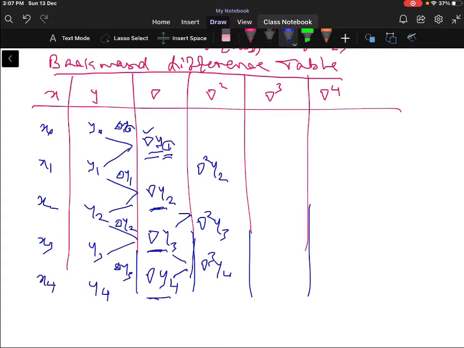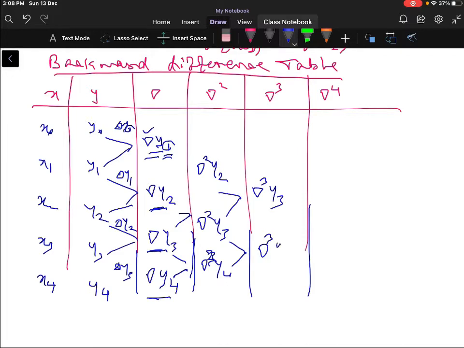So these are the second backward differences. Now similarly, we can define the third backward differences: nabla cube y3 is nabla square y3 minus nabla square y2, and nabla cube y4 is nabla square y4 minus nabla square y3.